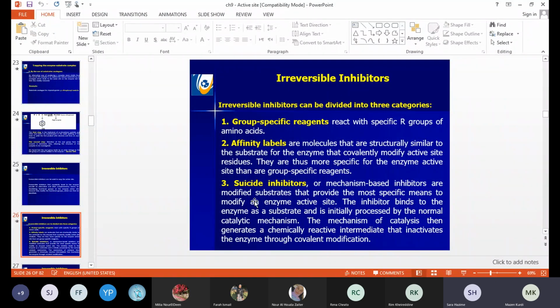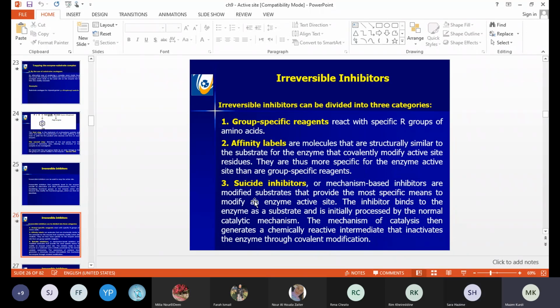The difference between them is in how they react with the enzyme. These group-specific reagents react with a specific side chain of an amino acid. We call them group specific, meaning this molecule or inhibitor interacts with a thiol group, an SH group.